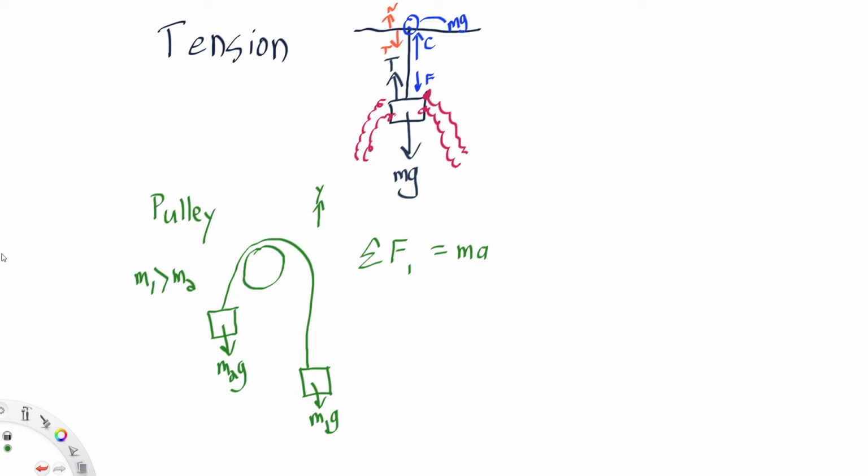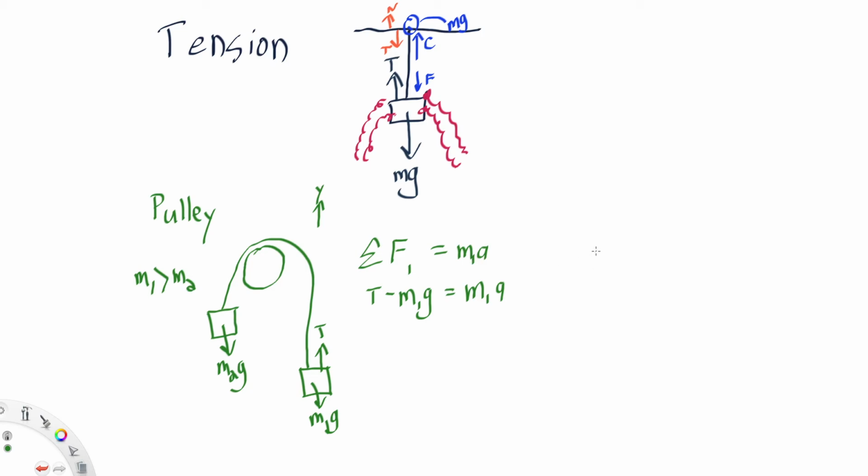It's all just going to be up or down for this problem. Box 1 does have its own weight pulling it down. It also has some tension in the rope pulling it up. So if we add up the forces on box 1, tension minus M1G equals M1A. So that's what Newton's second law has to say about the first box.